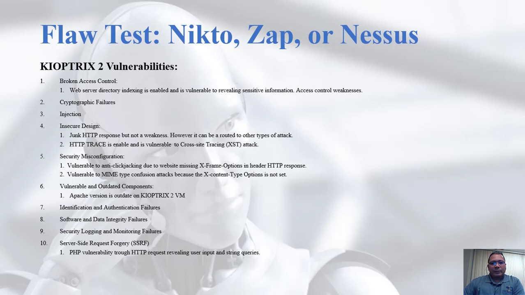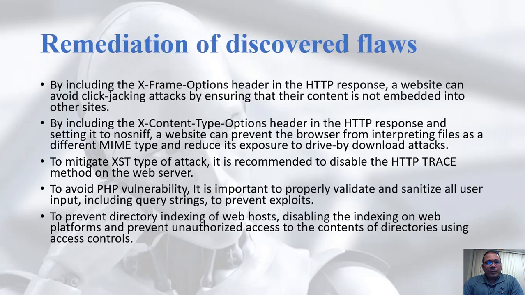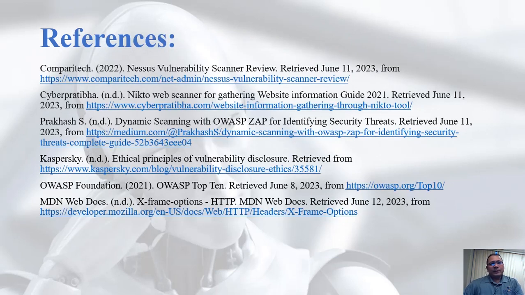On the next slide, the flaws that were found on the previous slide show an attack vector pathway that an attacker would be able to attempt to exploit the system. This slide shows some of the recommendations for the Cyb610 web application in order to fix its vulnerabilities.